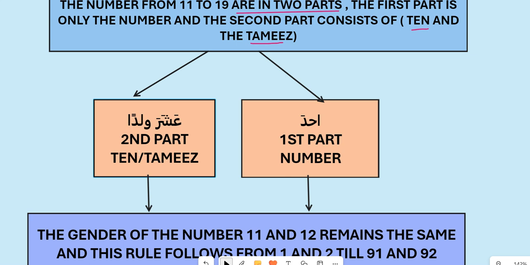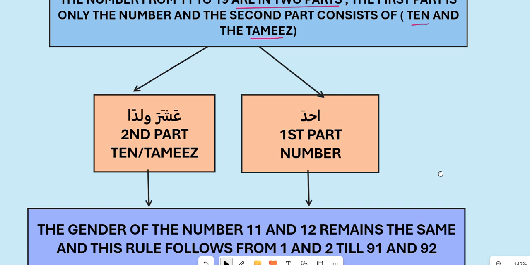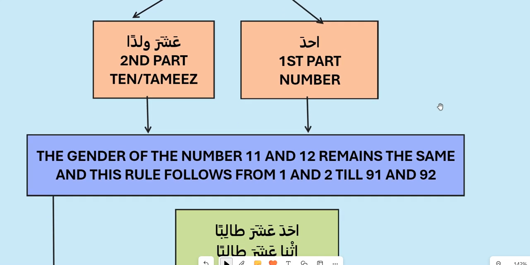Why? Because when it comes to the rules, when you change the gender, in Arabic the numbers also have gender. This is the trickiest part in Arabic numbers, but inshallah it will be easy. First of all, just remember the first part has the number and the second part has ashara and the tamiz.